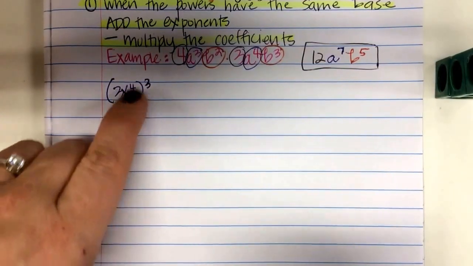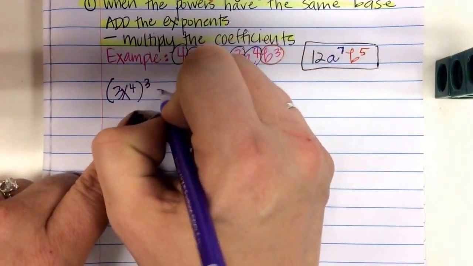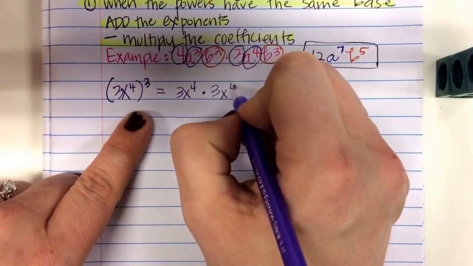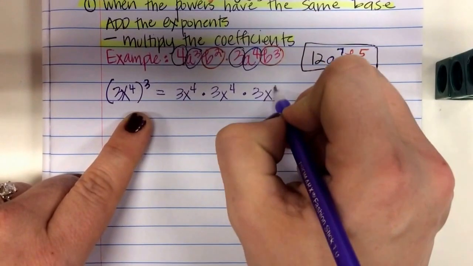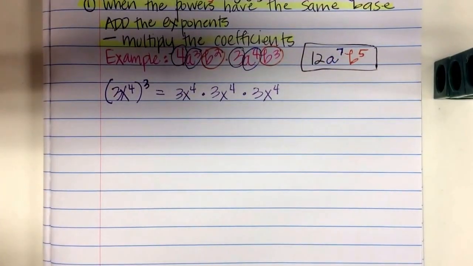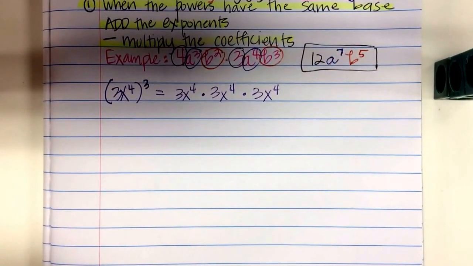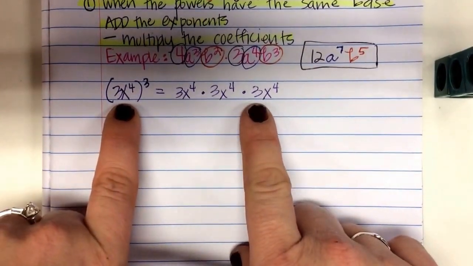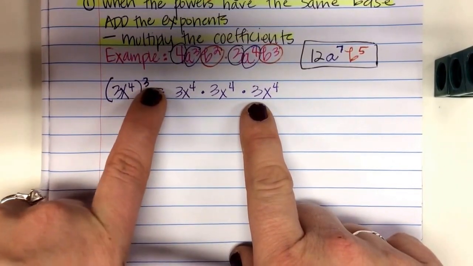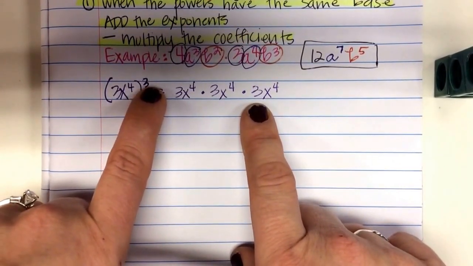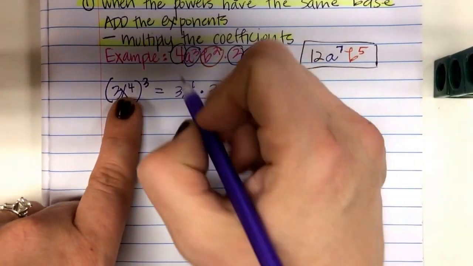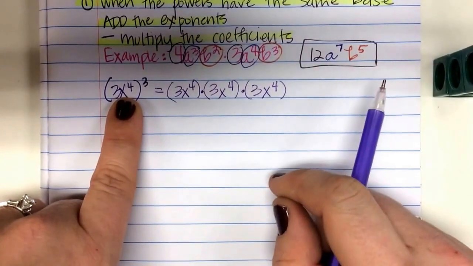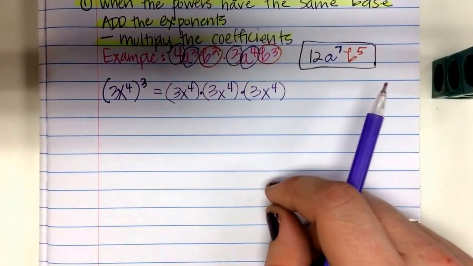Instead of 3x to the fourth to the third, I'm going to put 3x to the fourth times 3x to the fourth times 3x to the fourth. Does that work? Is that a true statement? Are these equal? Are they the same? This outside exponent of 3 means the parentheses happened 3 times. 1, 2, 3.